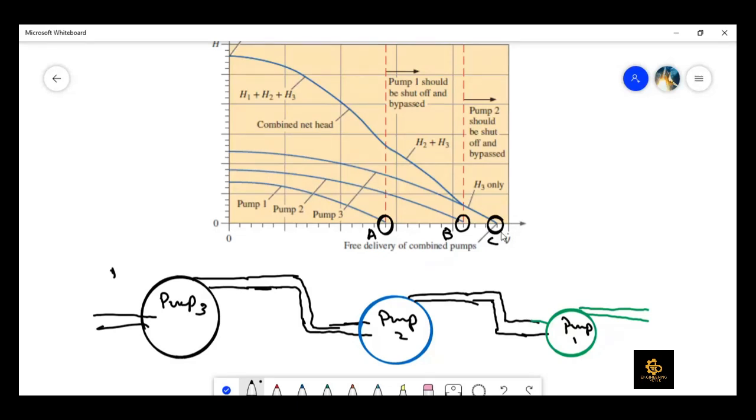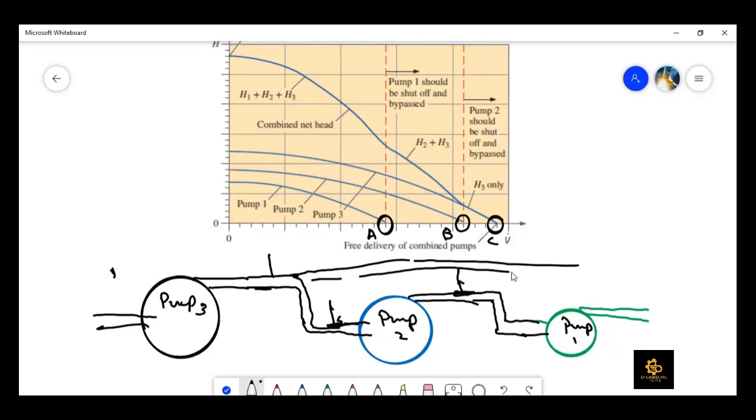So it means that if we operate beyond point C, there wouldn't be any useful net head imparted by this system, right? If we operate between B and C, the only useful work would be provided by pump 3, but pumps 1 and 2 would be in free delivery mode. So we need to cut them off, meaning that there should be a valve installed somewhere here, with a tee, and then we can take the flow straight out of the system.